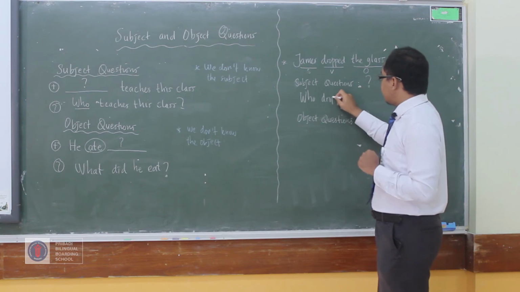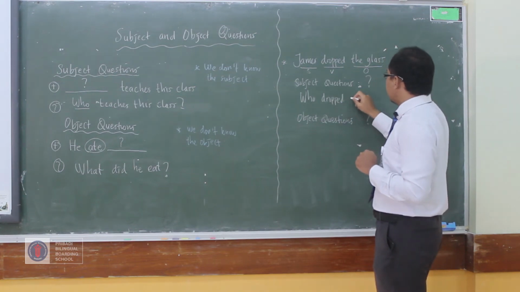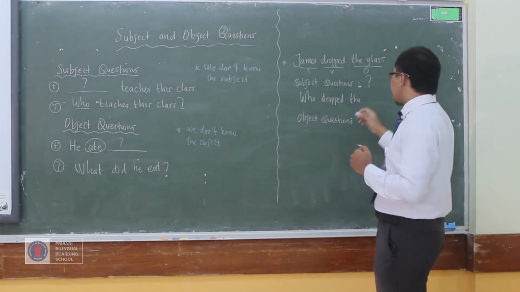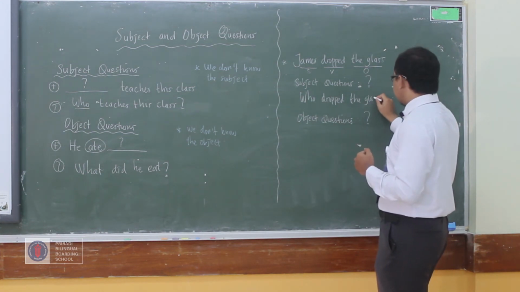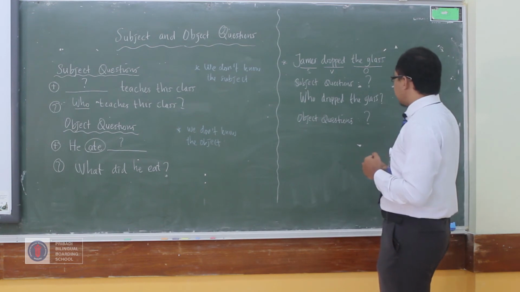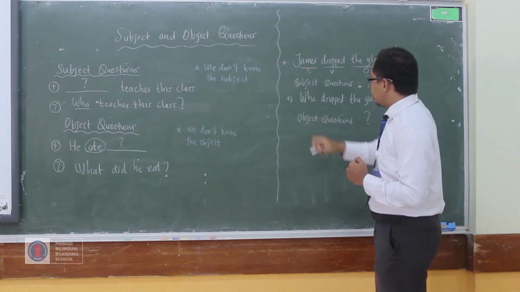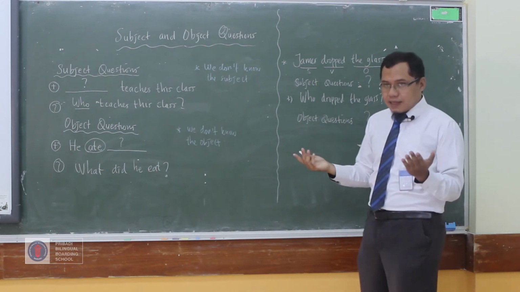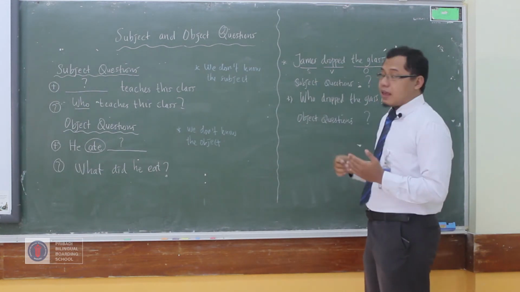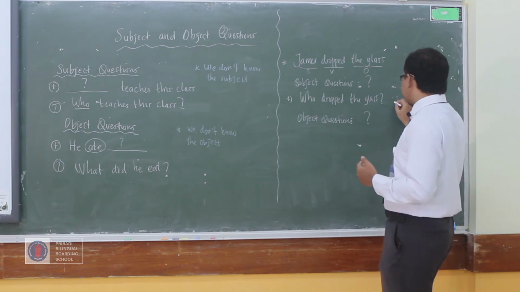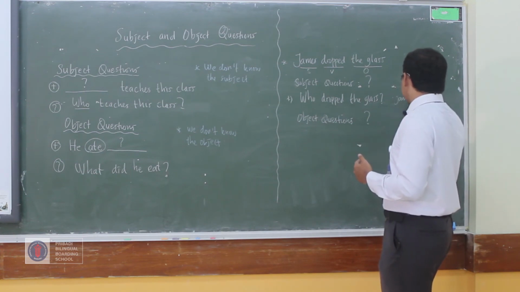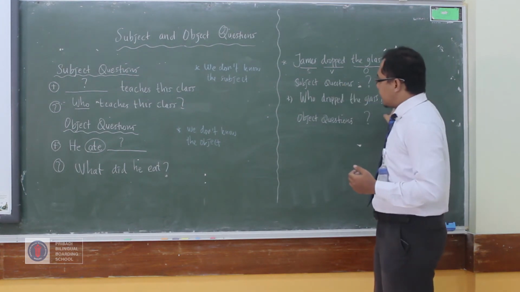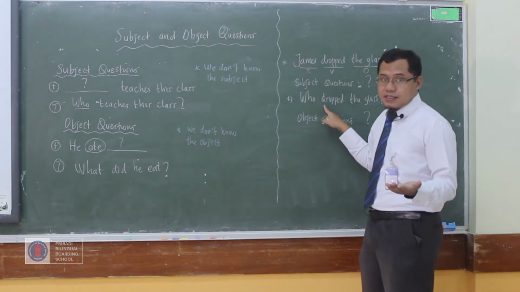Yes, drop. And we write the object, which is the glass. So the question will be, who dropped the glass? Based on this sentence, the answer is James. So James is the subject, and this is the answer to this subject question.